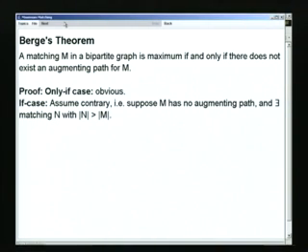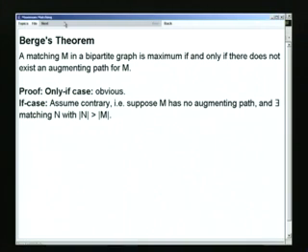We are going to prove this case by contradiction. So how does this work? Well, let's assume the contrary. Let's suppose that M has no augmenting path. That of course by itself does not make up the contradiction.